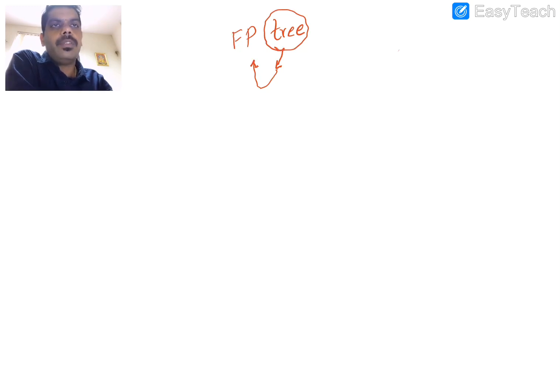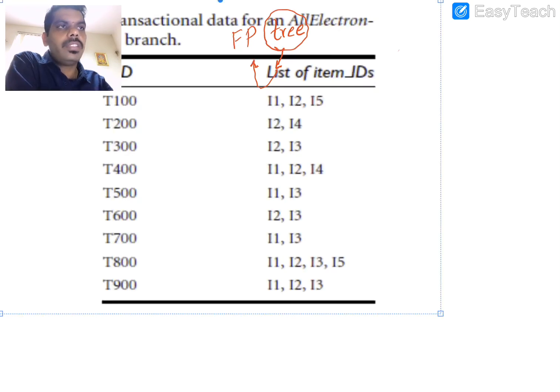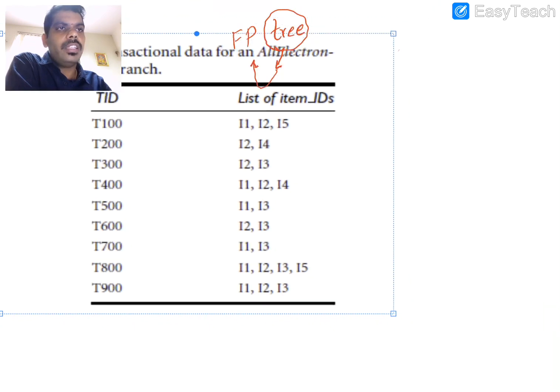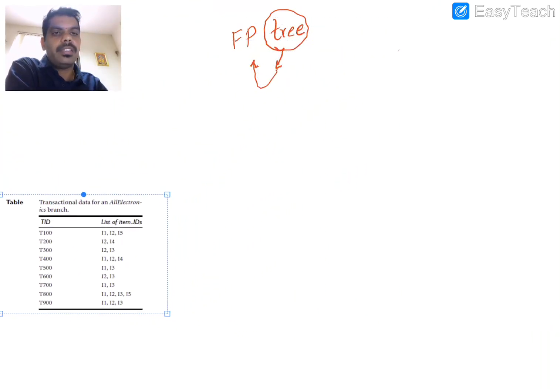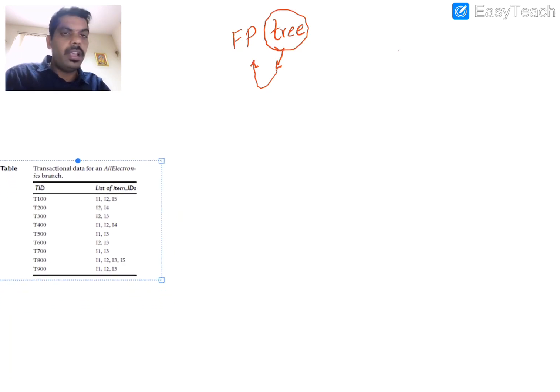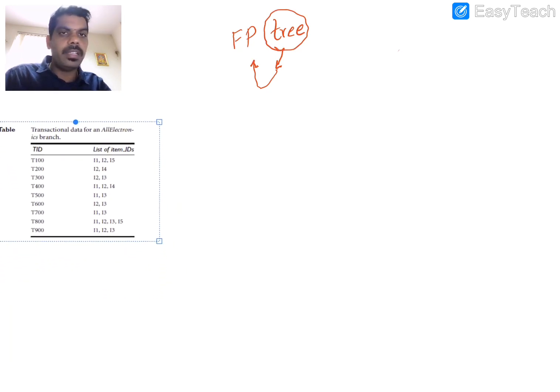For that, I am going to consider one example, a problem given in your textbook itself. This is the table given to us, the transactional database, and using it we are going to construct the FP tree.